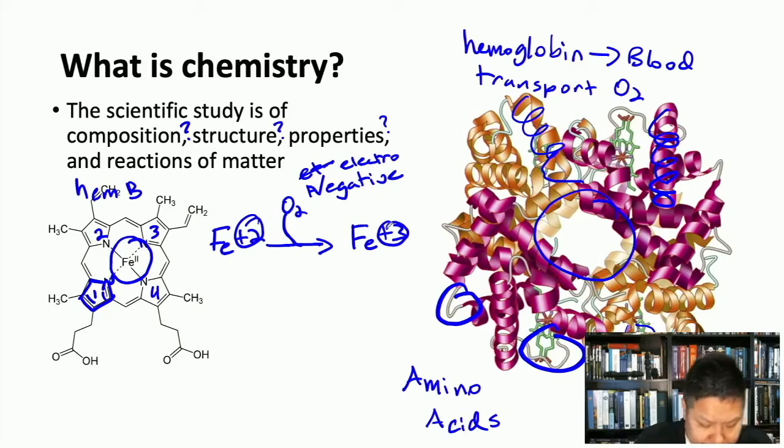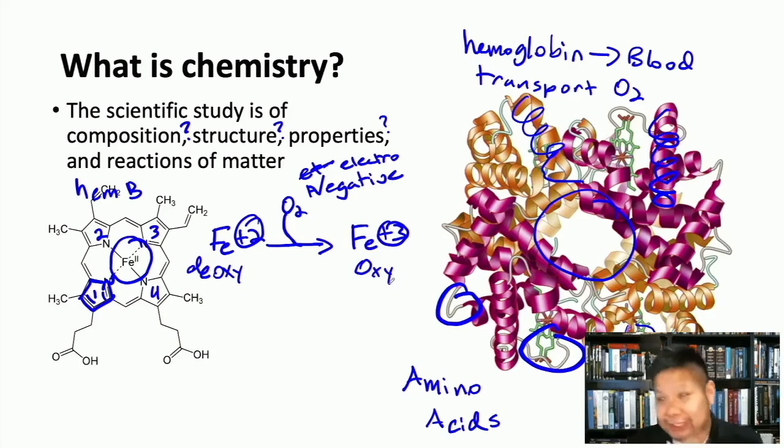It's also very interesting because this is the difference between deoxygenated blood and oxygenated blood. Oxygenated blood has an iron with a +3 charge, whereas deoxygenated blood has an iron with a +2 charge.